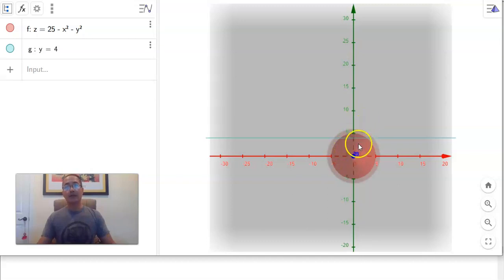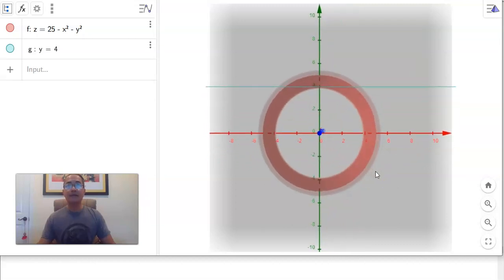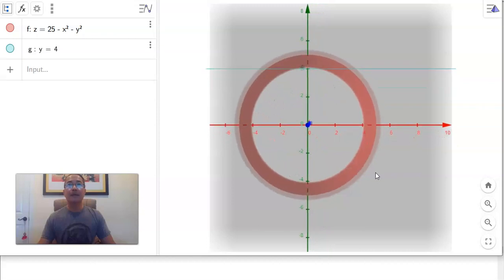Okay, so from the pole, shoot the arrows. And you will now enter, let's zoom in a little bit. Okay, there you go. So we are going to shoot arrows this way. We are entering the region at the horizontal line, y equals 4, and we're exiting on the circle where r equals 5.